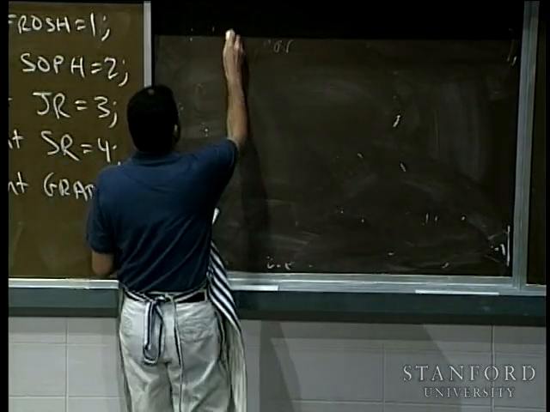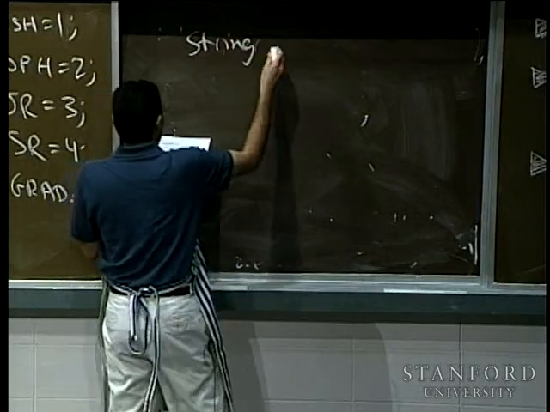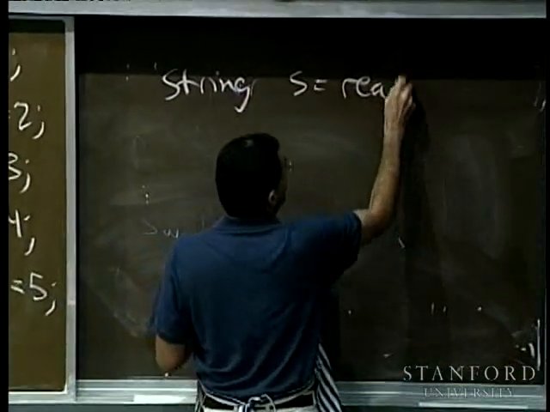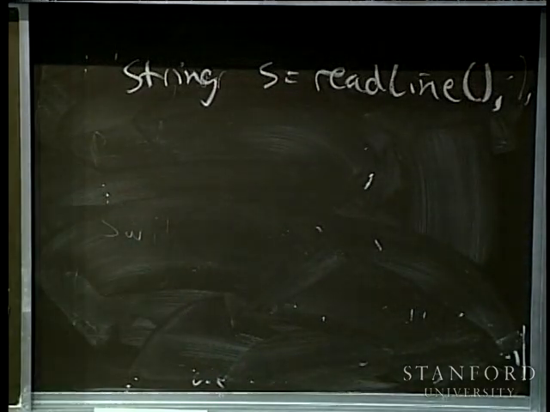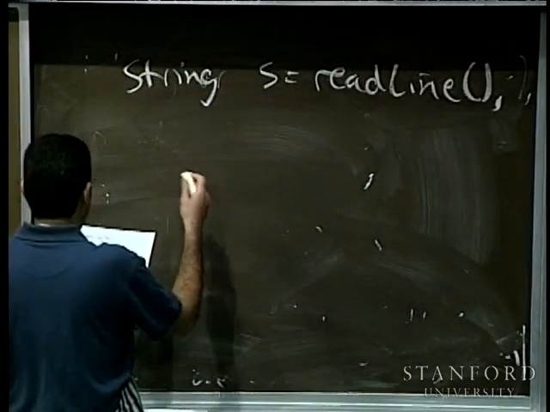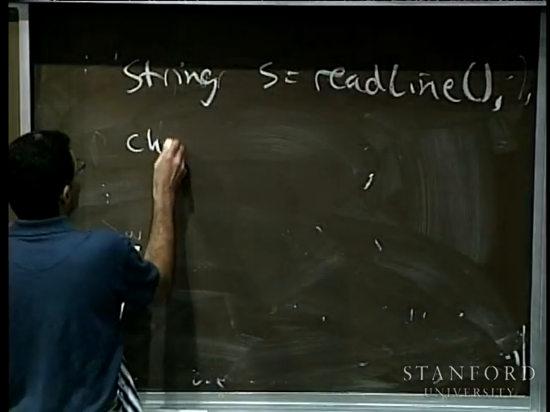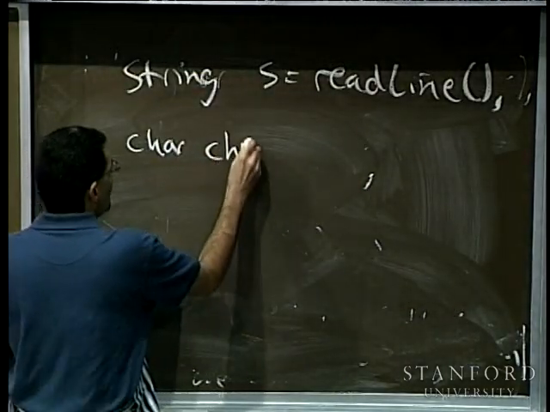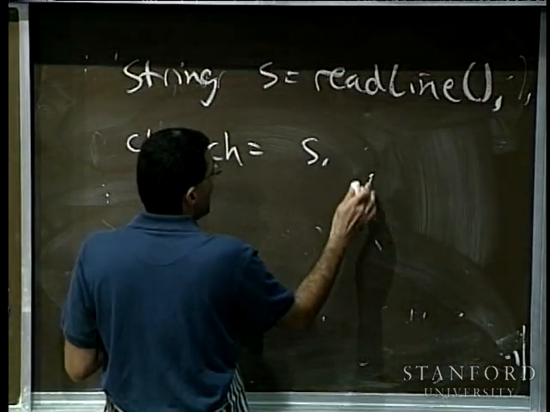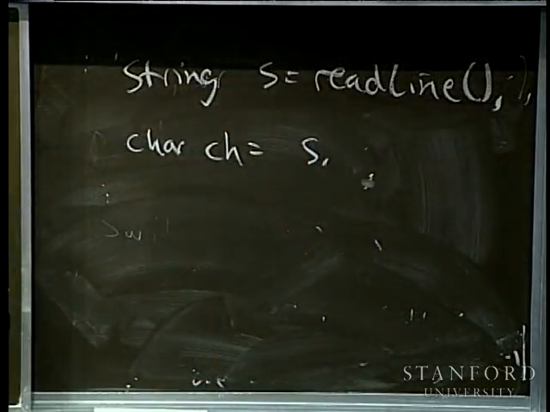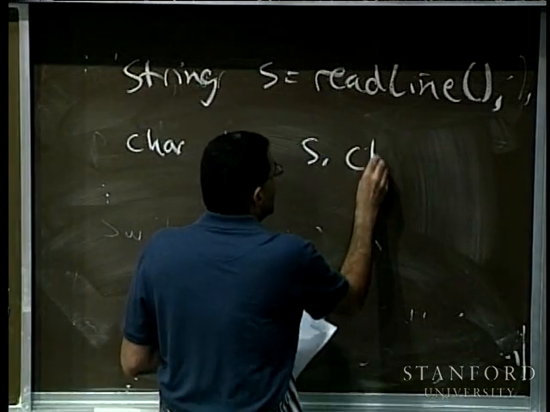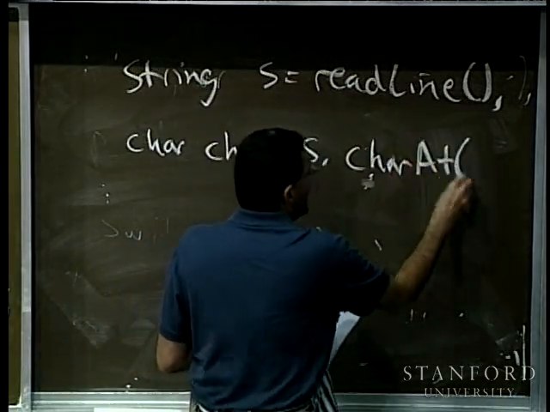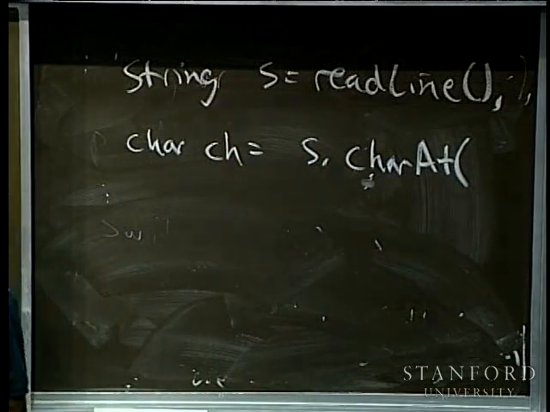So I'm going to have some string s, and I would read a line from the user, and that's going to be a whole bunch of characters stored inside that string s. And now I can pull out individual characters using something called charAt. So I can say char ch equals s dot charAt, and the string objects have a method called charAt, and you give it a number, and it gives you the character at that position.